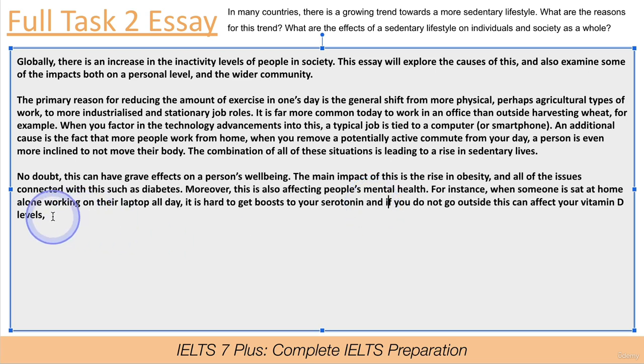And if you do not go outside for a walk, this can affect your vitamin D levels, all playing into somebody's happiness.